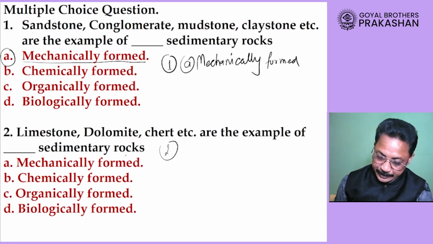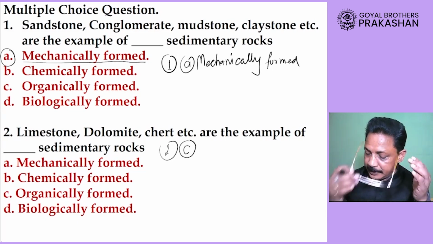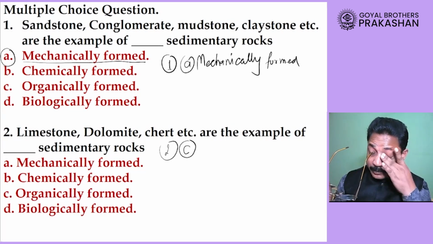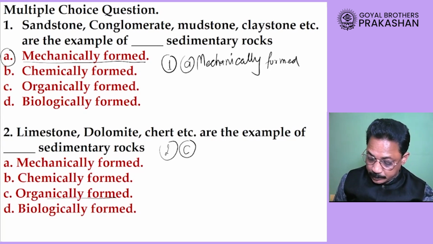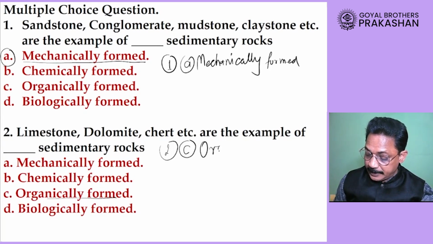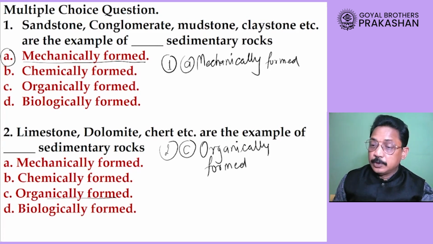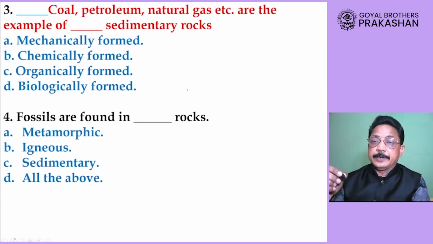The correct answer here is organically formed. So question 2 option is C, and with C which words are associated? Organically formed words are associated. So we will be writing here organically formed. Okay, so this phrase is also important, dear student.